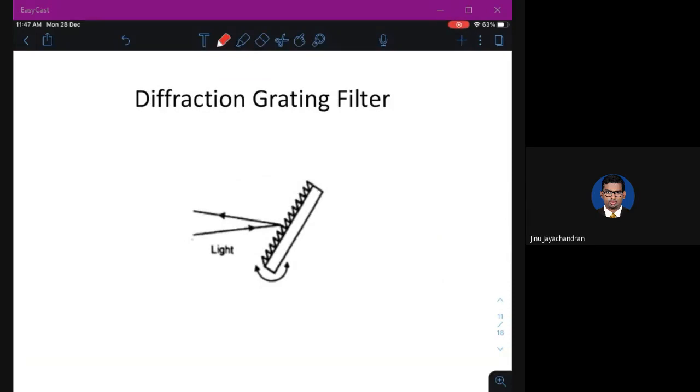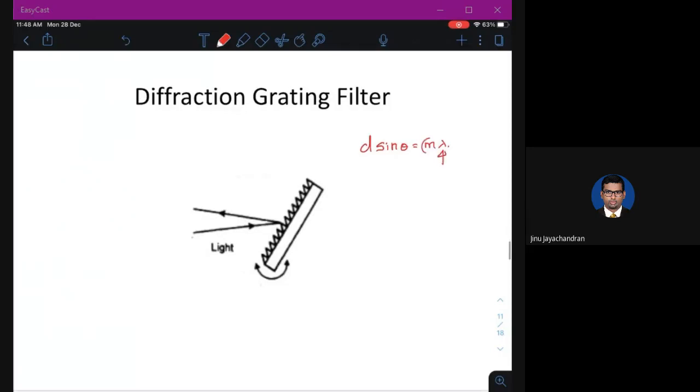Actually, this we have already seen. You see that d sine theta is equal to m lambda. Okay, so for a particular m and a lambda, you have a particular theta. By changing the theta or the incident angle, you can change the lambda you want to get extracted. So you see that you can create the diffraction grating in this 90-degree.